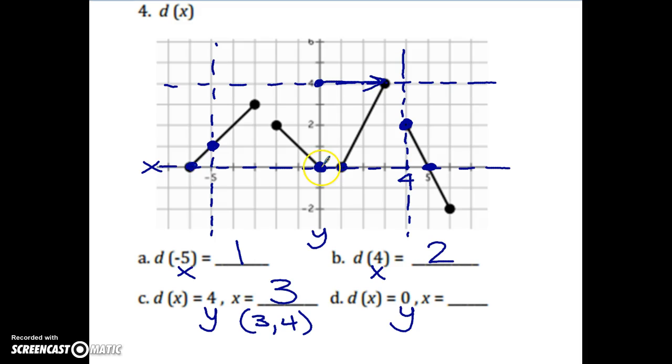So that would mean I'd have an input of 0. I'd also have an input at 1. I'd also have an input at 5. I also, if I go 6 to the left, that's on the graph too. So all of those numbers would be inputs for this graph.